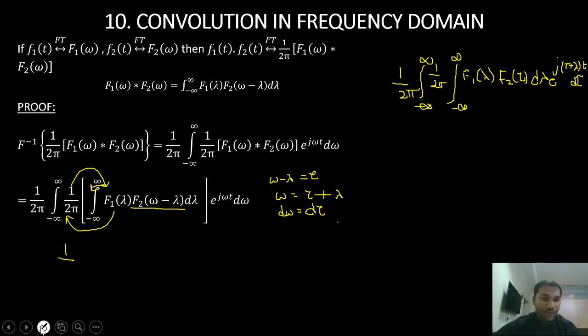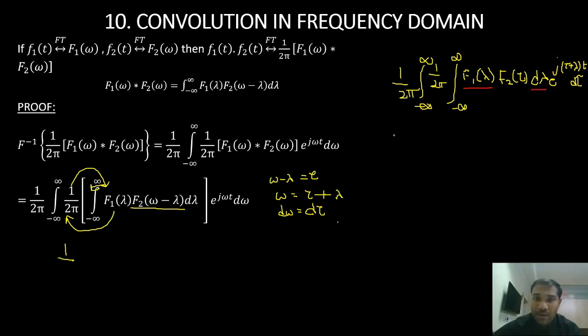Now what can I do? I can separate these: f1 of lambda d lambda, and from this term I can take e power j lambda t separately.